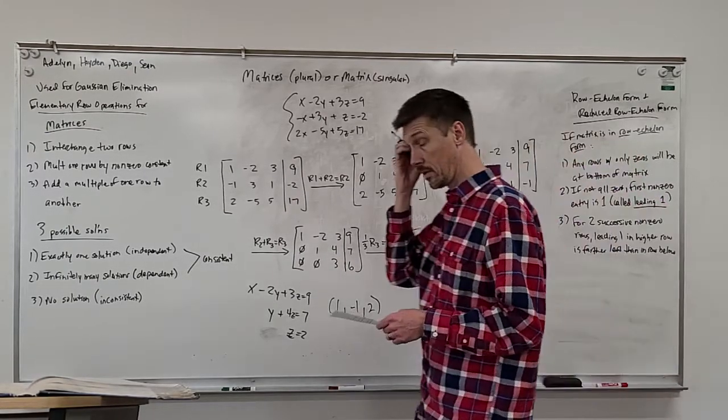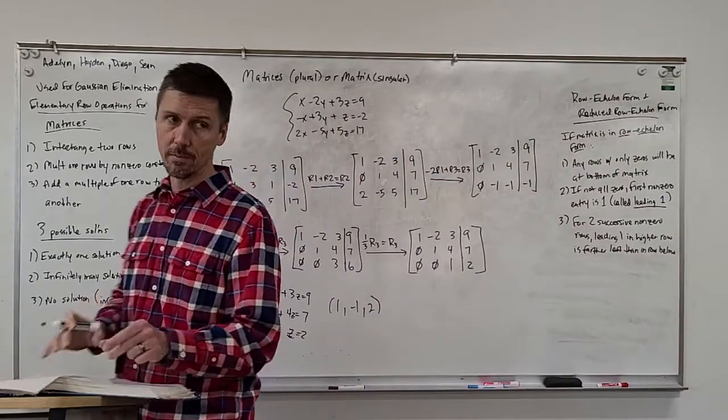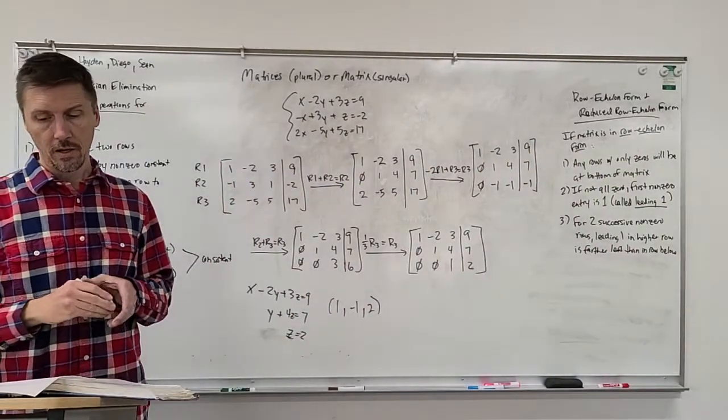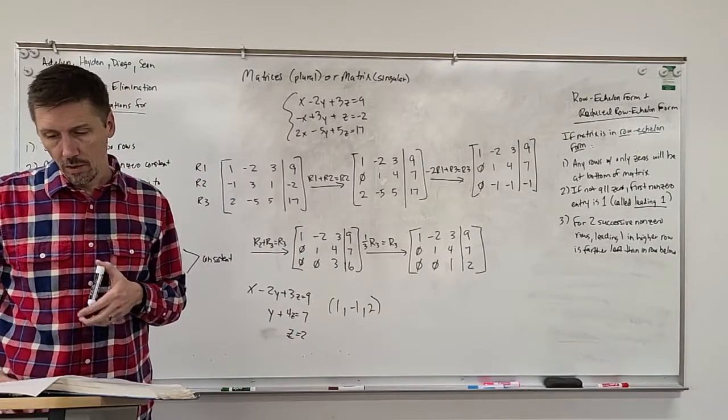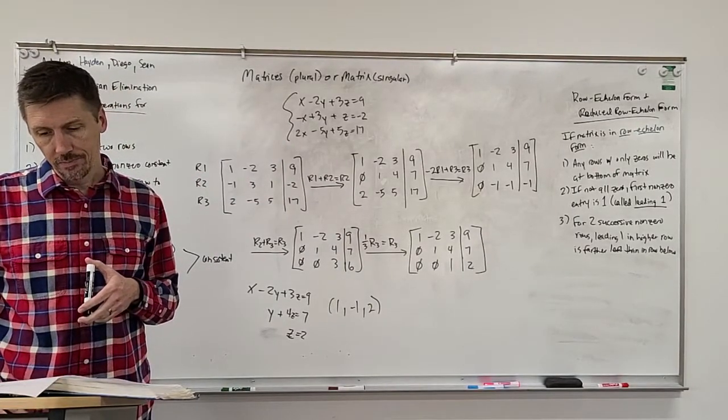Right? That's just us describing with words that stair-step pattern that we see, where those leading ones are to the left of one another as you go up the matrix.